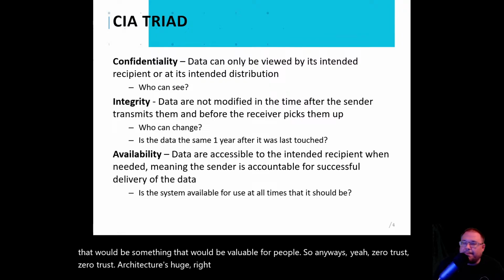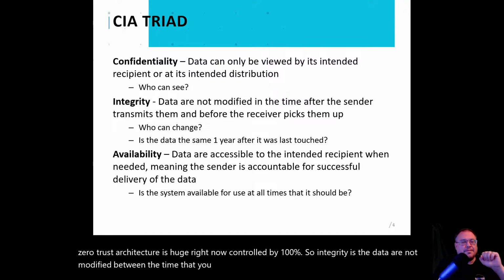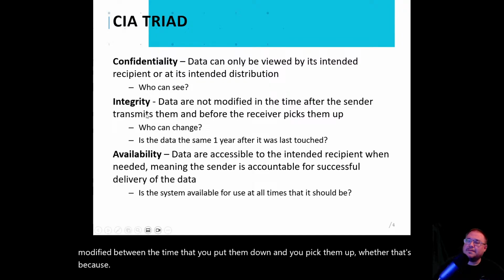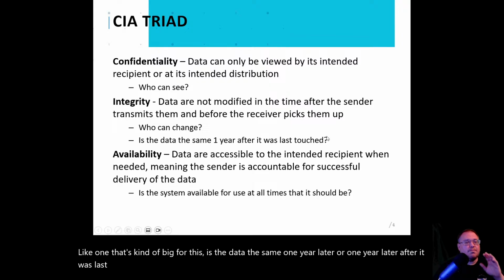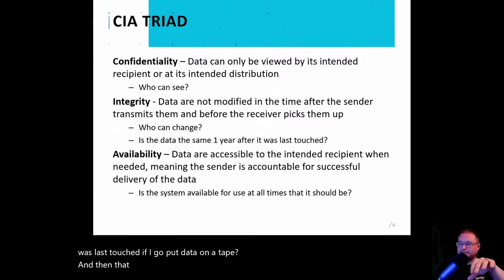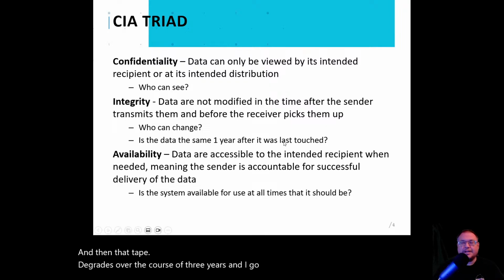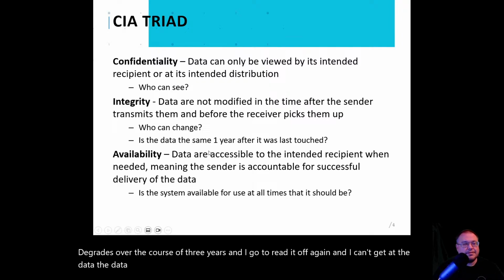Control Byte, 100%. So integrity is the data are not modified between the time that you put them down and you pick them up. One that's kind of big for this is, is the data the same 1 year later after it was last touched? If I go put data on a tape and then that tape degrades over the course of 3 years and I go to read it off again and I can't get at the data, the data are gone.